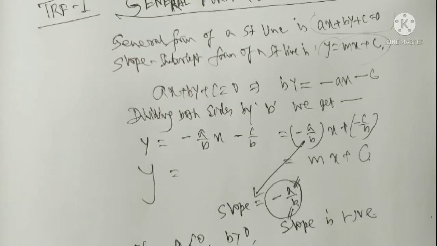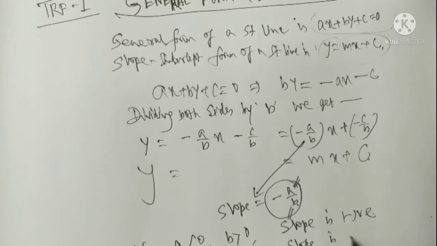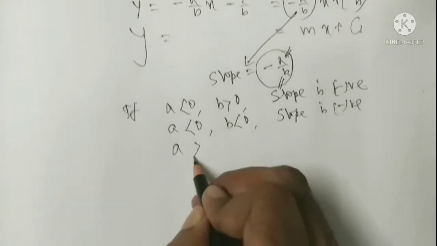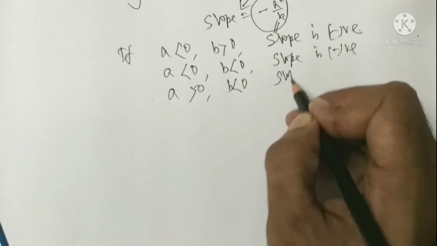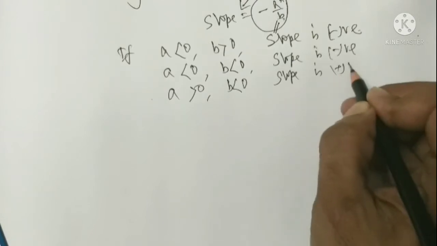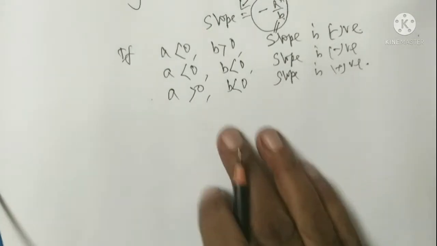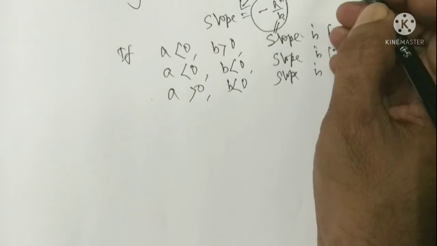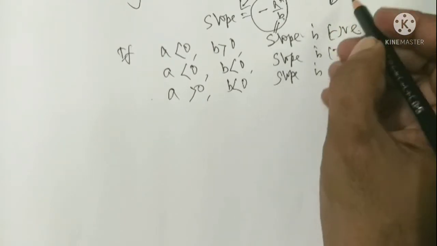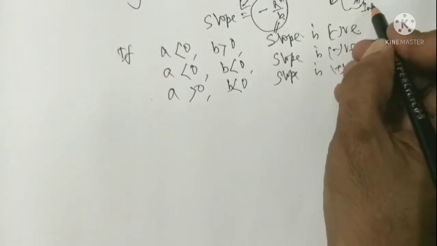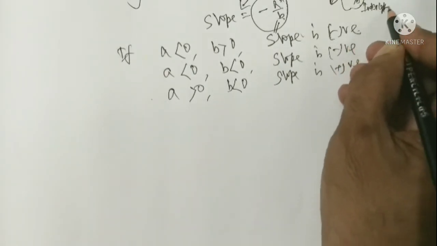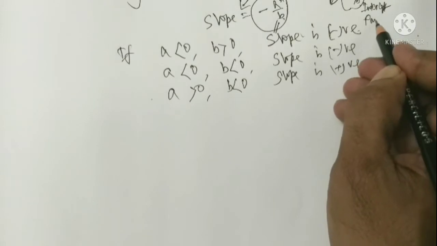A negative, b negative, slope is negative. A positive, b negative, slope is positive, and so on. And then this part, minus c by b, is the intercept on the vertical axis.